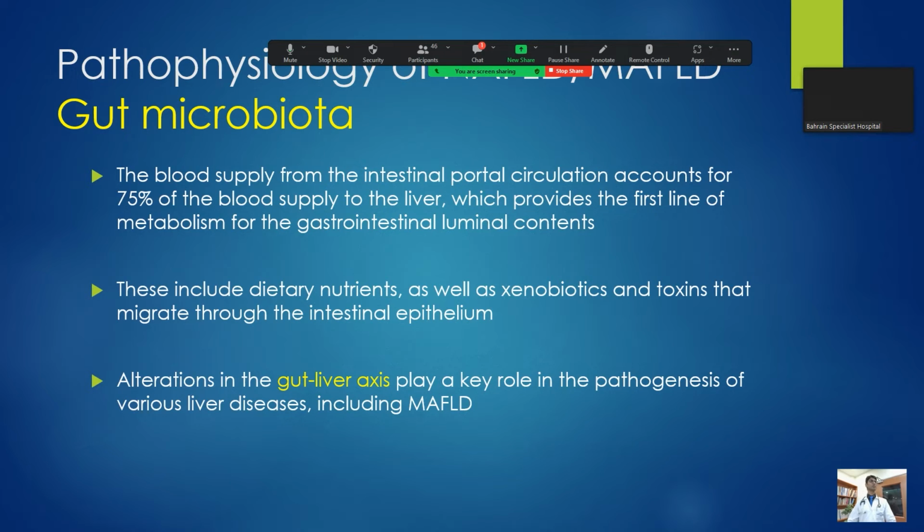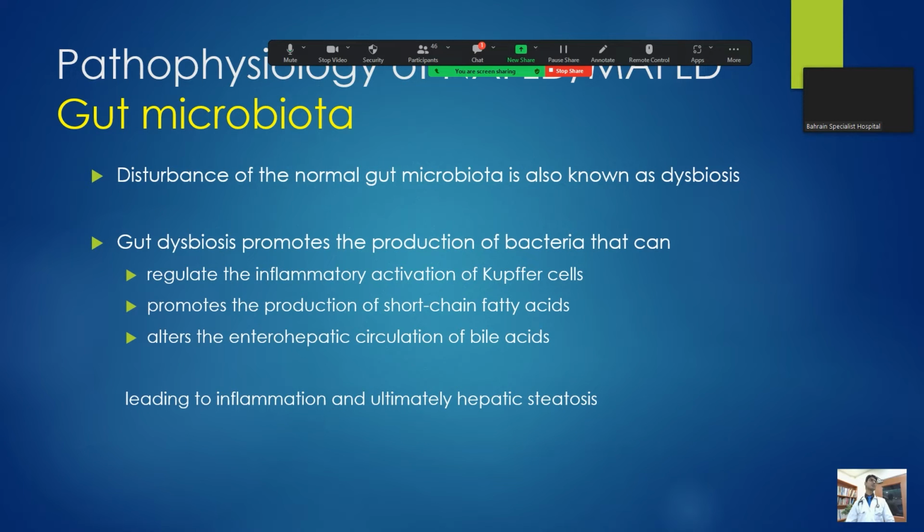Whatever we take, food, xenobiotics, medications, nutrients, all has to cross through the liver to be metabolized. It's the first station to metabolize everything. This disturbance, called dysbiosis, can regulate inflammatory cells like Kupffer cells, promote the production of short chain fatty acids, and alter the enterohepatic circulation of bile acids or bile salts, ultimately leading to inflammation and steatohepatitis.